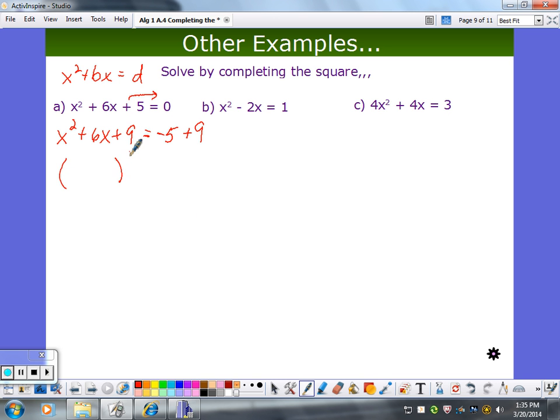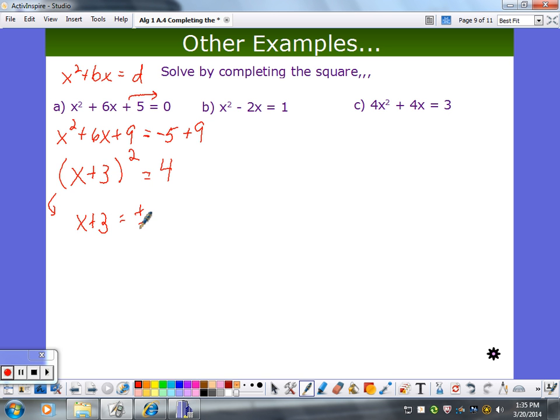Now turn this into a square. x plus 3 squared equals, well, what is negative 5 plus 9? 4. Now, we take the square root of both sides. So what's going to happen on the left here? This goes to what? x plus 3.